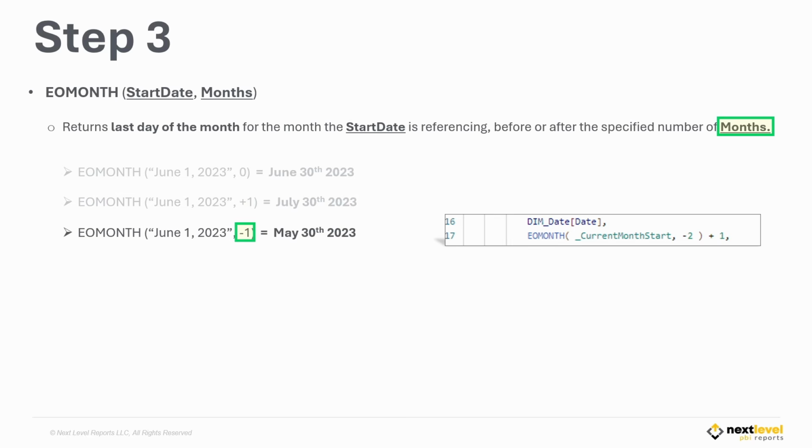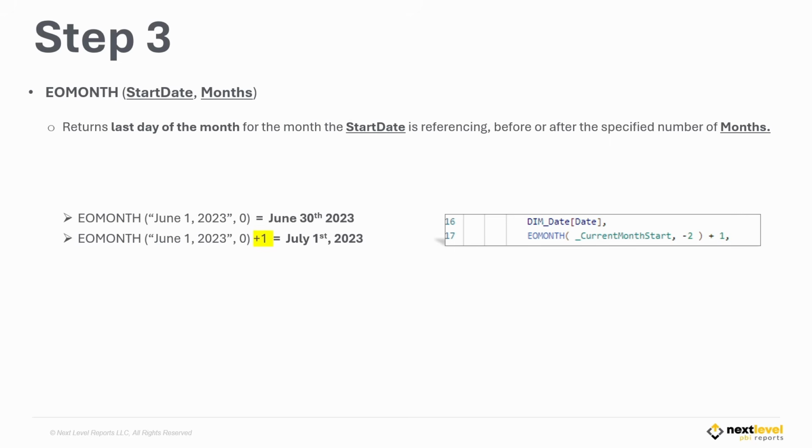And if we wanted to subtract a month, we can simply type -1, which we can see here gives us May 30th, 2023. Now, what if we wanted the start date of the month instead of the end date? Well, we can easily do that by simply adding a +1 outside of the end of month function. This will add 1 day to the date.